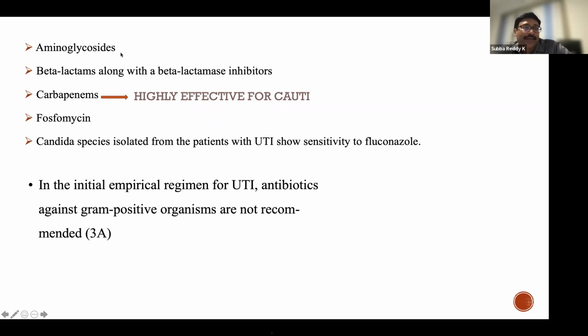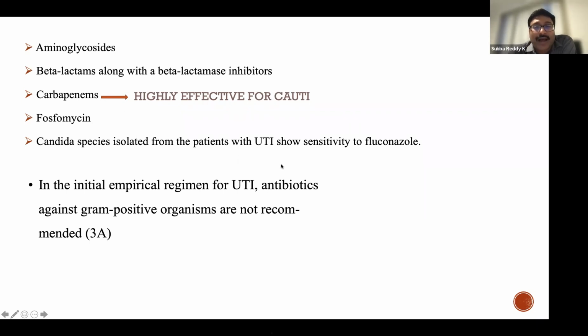Aminoglycosides, but they develop resistance very fast. And then carbapenems, and 70% of the time carbapenem-resistant bugs will cause CAUTI. And fosfomycin is a good antibiotic if you're suspecting E. coli or Klebsiella.